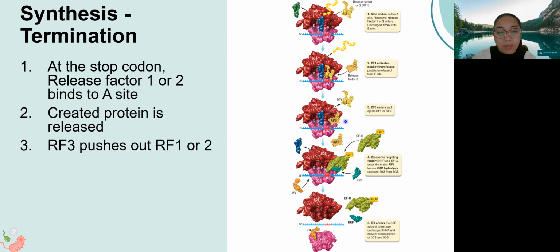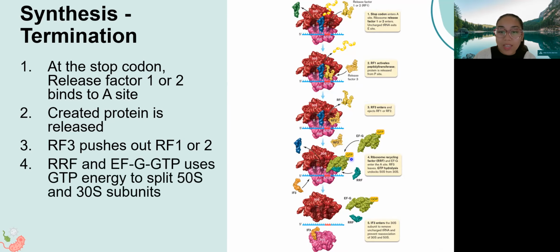Not really sure why that had to happen, because RF3 gets kicked off in the very next step, so kind of ridiculous. Anyway, this protein RRF, the ribosome recycling factor, along with EFG, the elongation factor from before, with the GTP, come in and both bind to the A site, and they kick off RF3. So what was RF3 doing that whole time? I have no idea. But that's just the sequence.